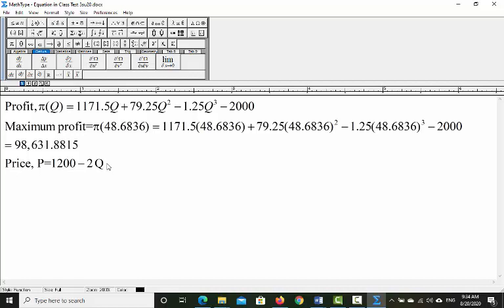So 1200 minus 2 multiplied by 48.6836, which is 1102.6328.